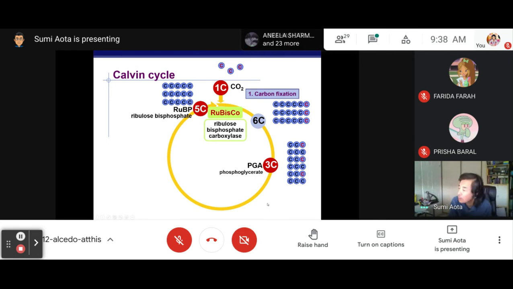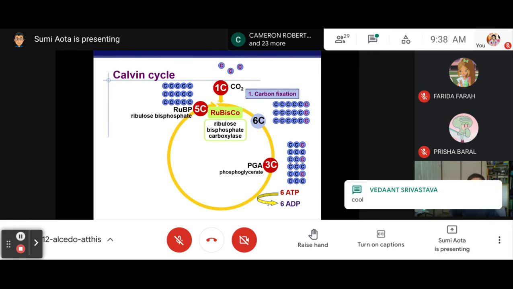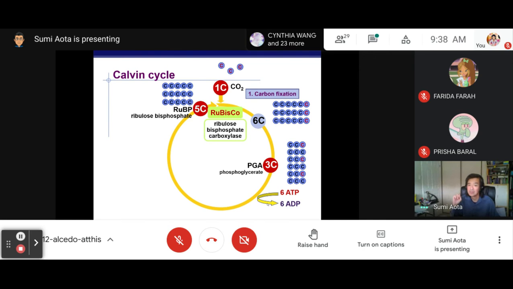Now, because that way the math works out, we can compare it to Krebs. I could do it just once, but then we have to run the cycle 6 times to make 1 glucose.